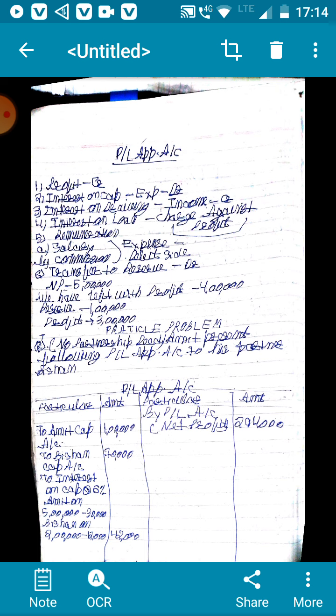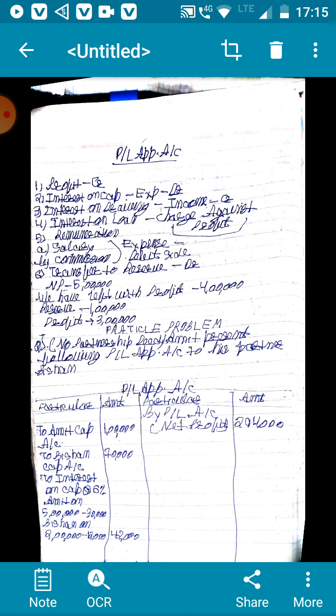Solve the question where the net profit is given as 5 lakh. It is not a full question, it is a point only.